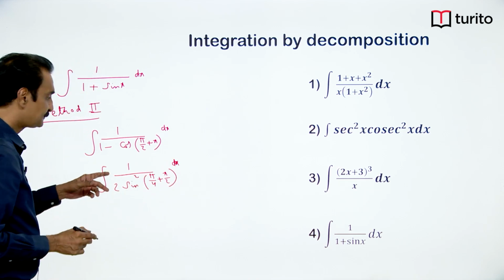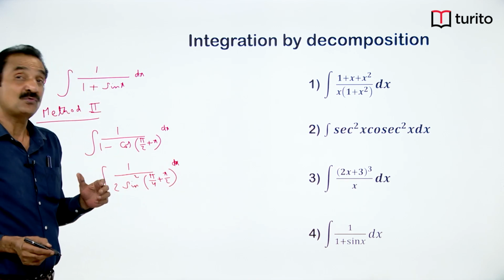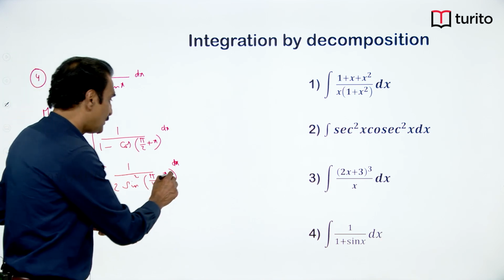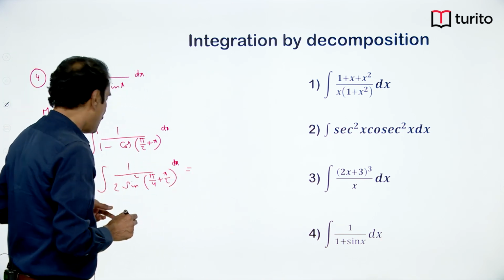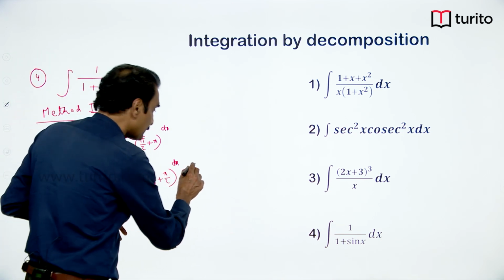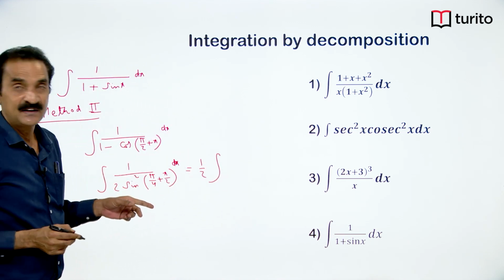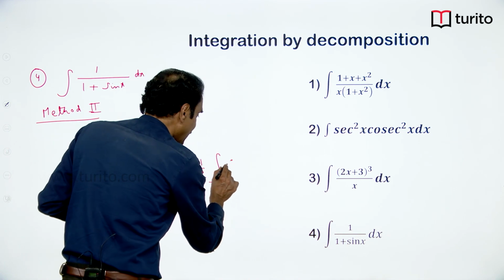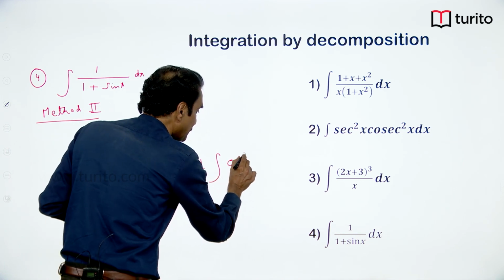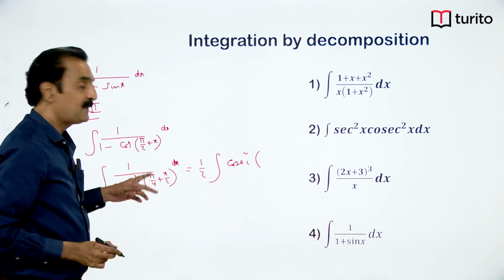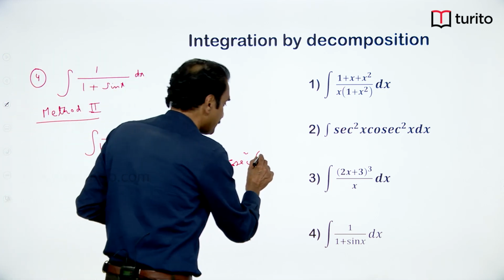Now, 1 by sin square is cosecant square. So, you can write it as half into integral cosecant square of pi by 4 plus x by 2.